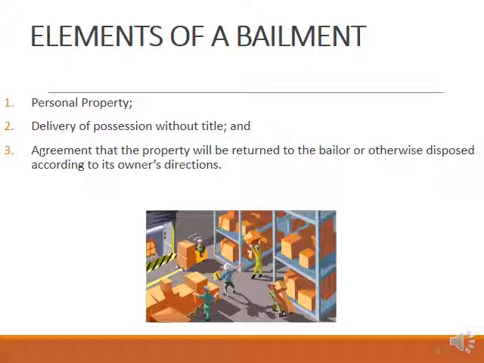So when you have a bailment, you do have personal property, and you do transfer the personal property, but there's an idea that that personal property is going to come back. It's going to be transferred without title or ownership. With a gift, someone is transferring the personal property, and assuming the donee accepts it, the actual ownership is transferred from the donor to the donee.